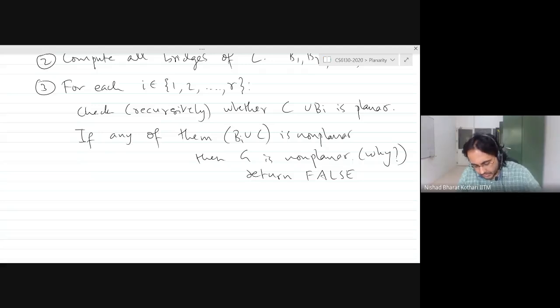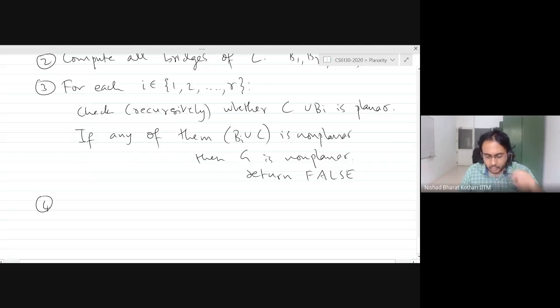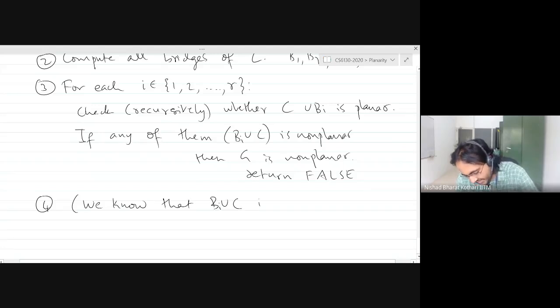Okay. So that's good. So now suppose, in this case, you would return false, right? So now when we get to step 4, we know that all of these return true. So at this point, we know that Bi union C is planar for all i.